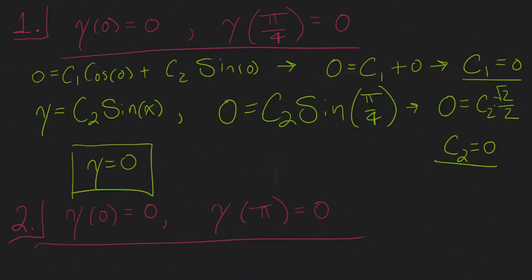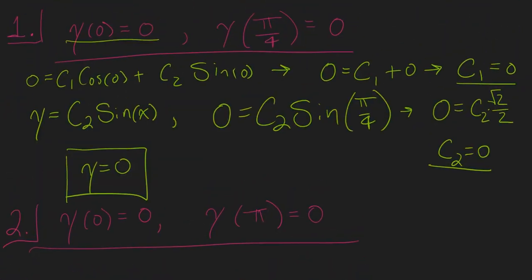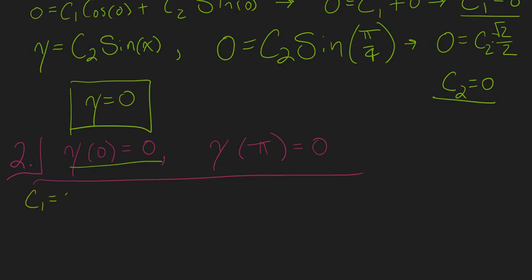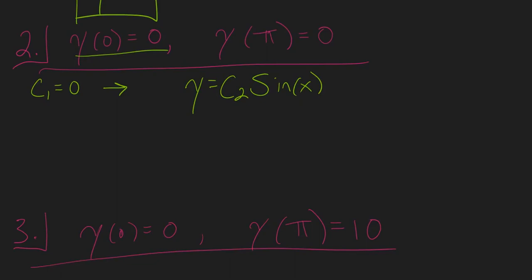Now let's look at the next one. Here we still have y of 0 is equal to 0, so c1 is equal to 0, which means that y is equal to c2 sine of x. Now if we apply the second boundary condition, we have 0 is equal to c2 sine of pi. Sine of pi is equal to 0, so 0 is equal to c2 times 0.